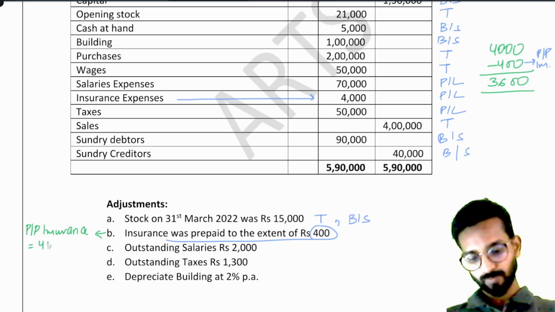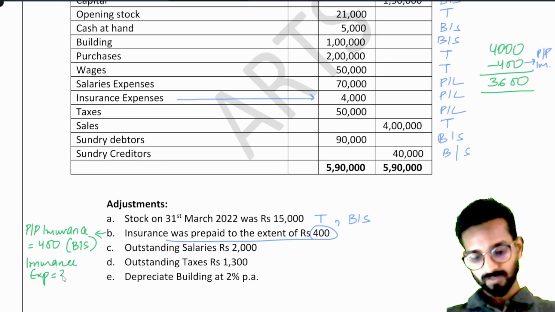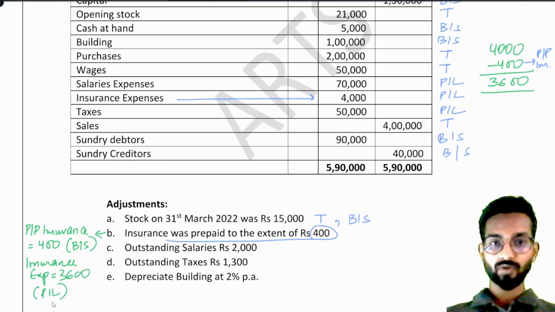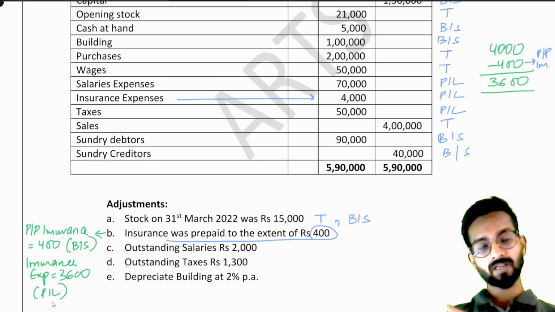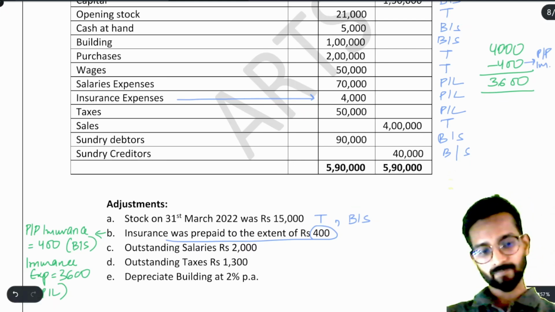I have told you, every time an adjustment will appear in two accounts: trading or P&L, and the balance sheet.